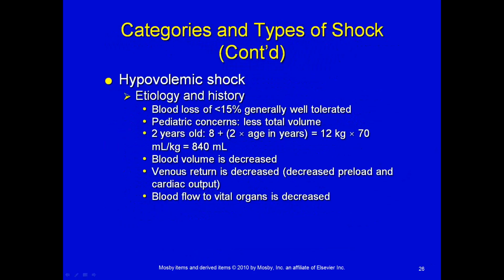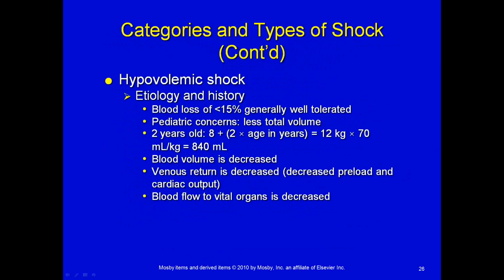One of the formulas for determining blood volume is to take 8 plus 2 times their age in years, which will equal, in this case, 12 kilograms in this 2-year-old. You take that times 70 mils per kilo, so you end up with 840 mils. That's the amount of blood this 2-year-old pediatric patient would have. And as you get older, the volume does certainly increase.